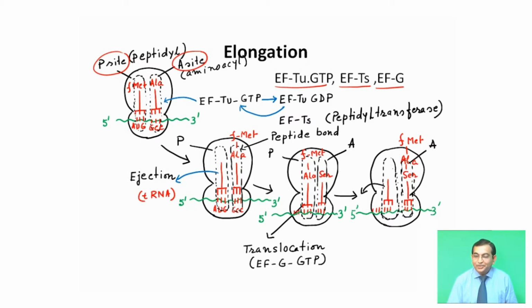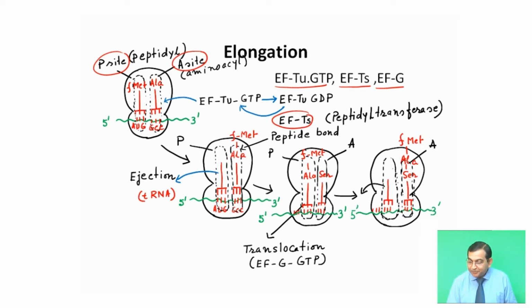So EF-Tu-GTP fills up the A site with one aminoacyl tRNA. Now EF-Ts, which is another elongation factor, again activates EF-Tu-GDP into EF-Tu-GTP.